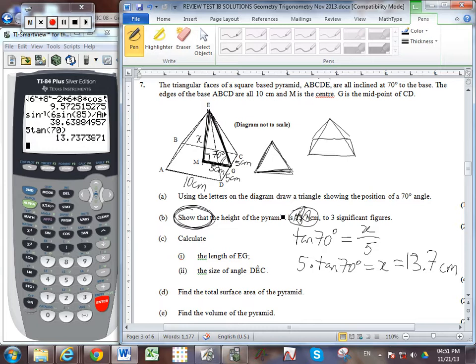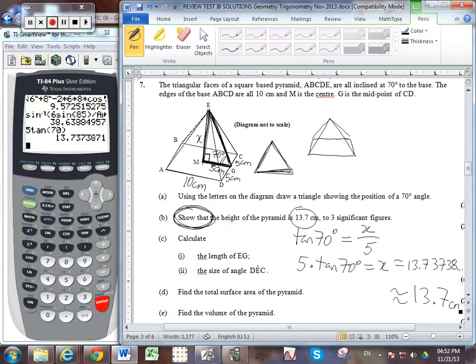It's often a good idea in show that questions to write down the rounded amount first, and so I probably shouldn't have done that. I probably first should have written 13.73738, etc., and then that rounds to 13.7 as required. Okay, we needed the 13.7, and we got that matching result.